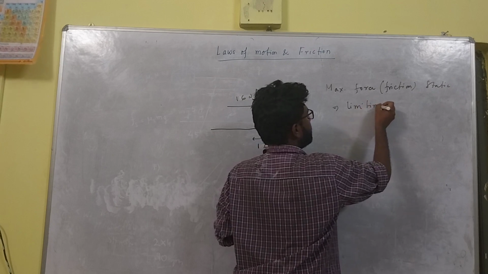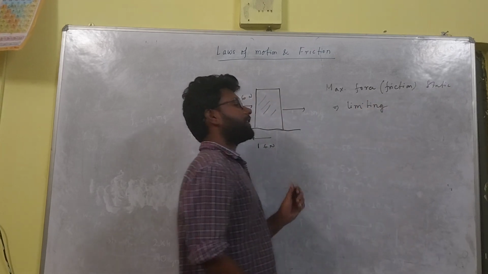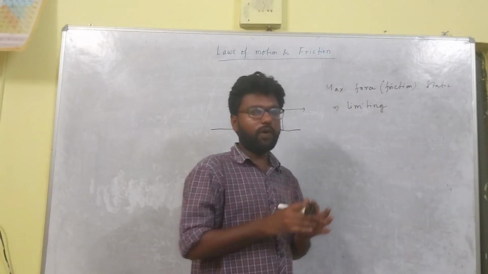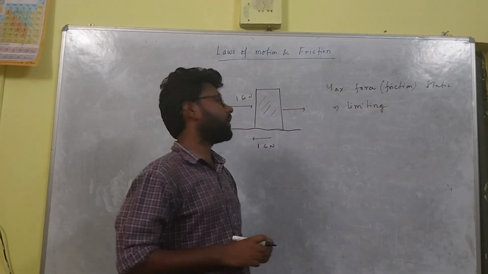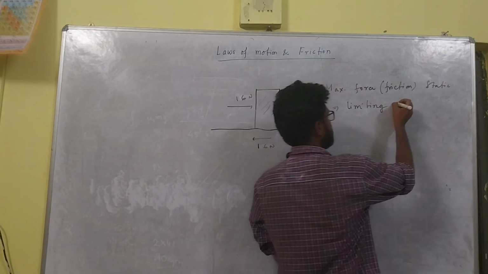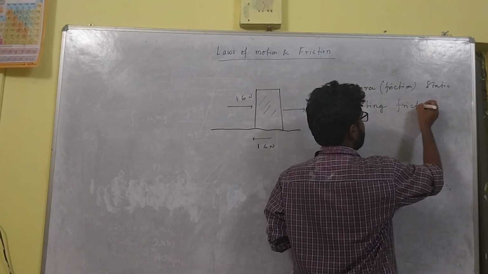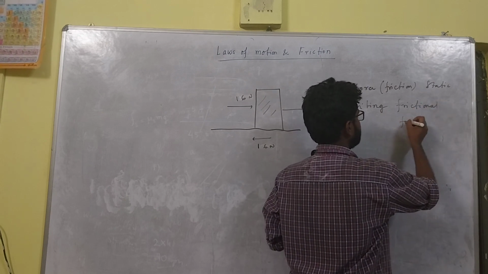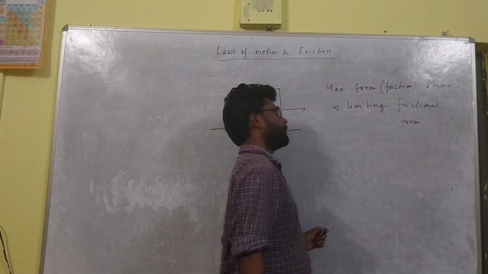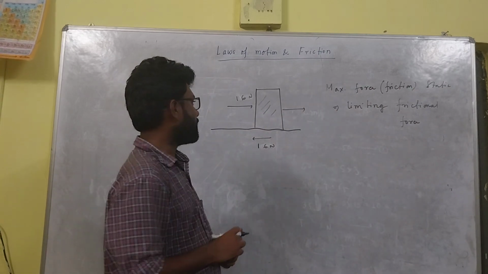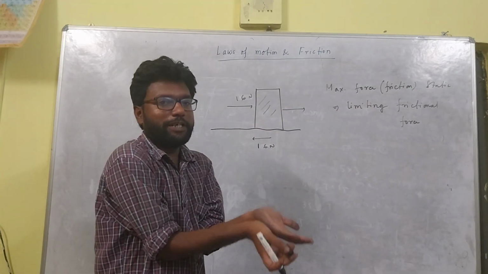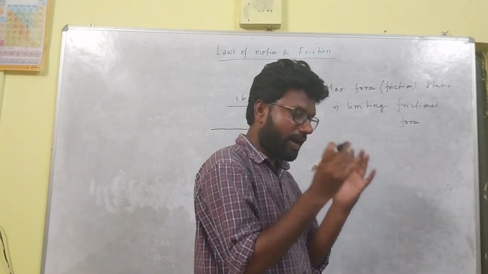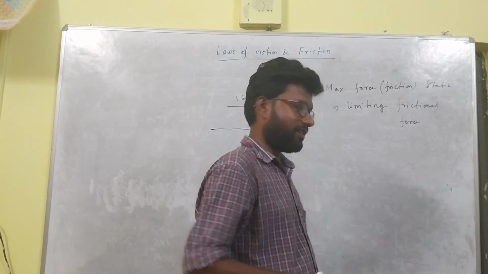Limiting friction means the maximum static frictional force that the floor can apply on the almirah. It is called limiting frictional force, or the maximum force of static friction. So if I overcome that maximum friction, I mean the limiting friction, then the almirah goes forward, right?